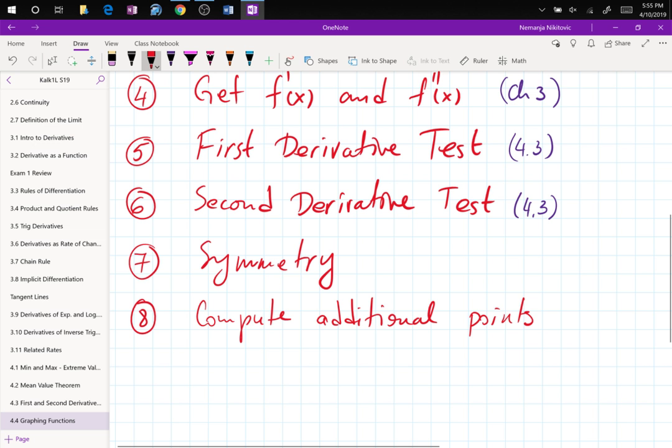If there is a region where you are not sure which way the line would go, all you need to do is to compute extra points and you're good to go. Number 9, graph and win. There you go. Wow.